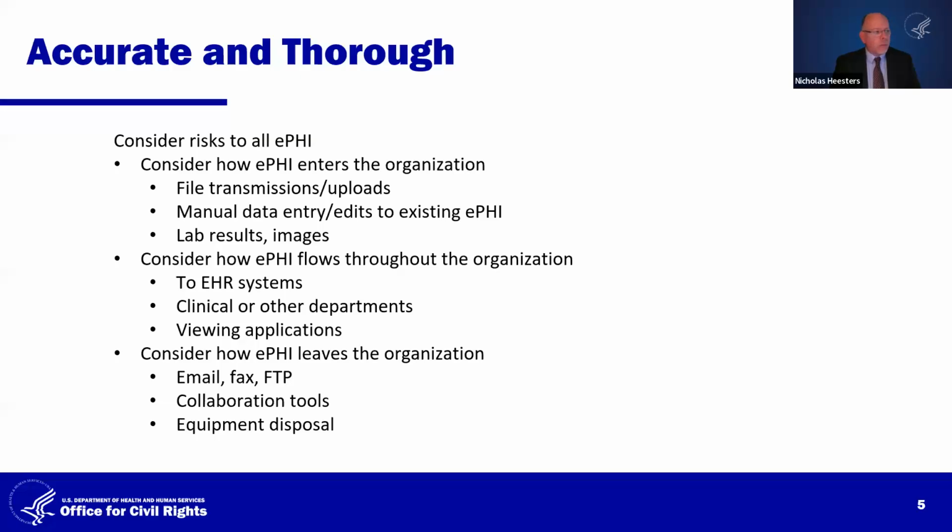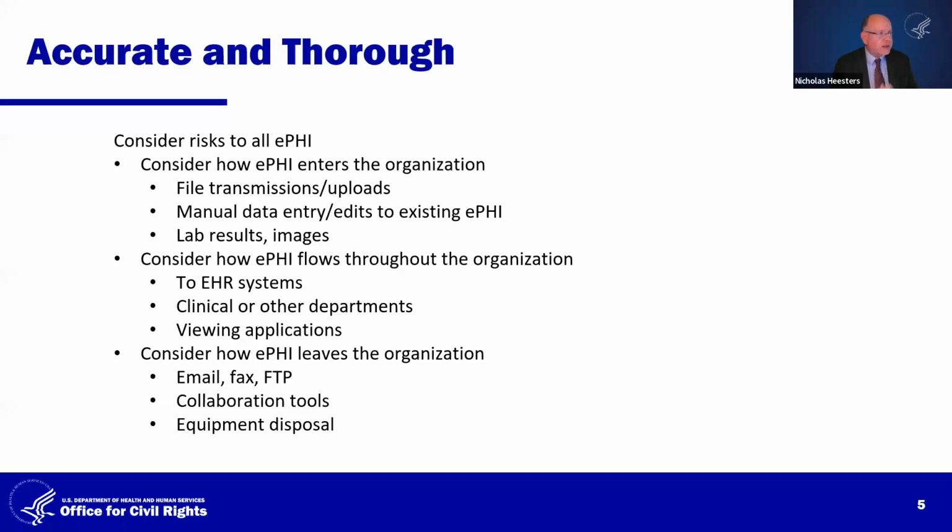So when I talk to entities about the way to go about doing this, to identify and assess the risks of their organization to ePHI in a way that meets the requirements of the rule, is to consider what the risks to ePHI are in different parts of the organization. And by that, what I mean is that there is a flow to ePHI in an organization, a workflow.